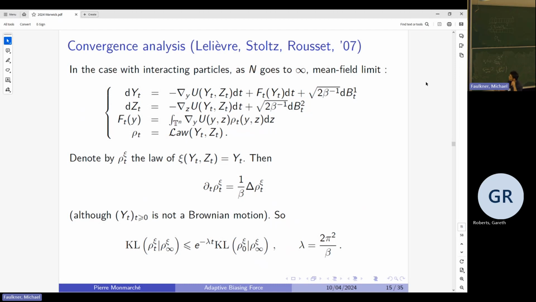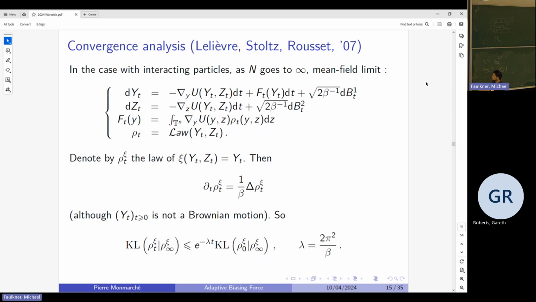And so this converges very fast to equilibrium. This is not metastable. It's the heat equation on the torus. It converges at speed 2 pi square, which is the optimal constant of the log-Sobolev inequality in the torus. So this converges very fast, in the sense that it's not exponentially bad with dimension or with beta.